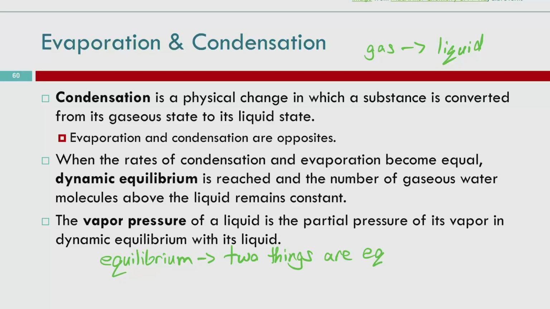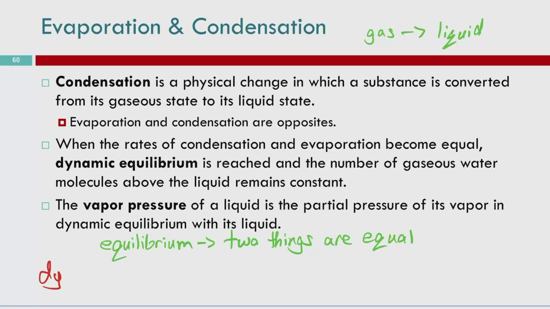In this case, two things are equal. The dynamic part: dynamic versus static. Static would be nothing's changing. Dynamic means that things are changing or moving. So a dynamic equilibrium describes a state in which the rates of evaporation and condensation are equal.